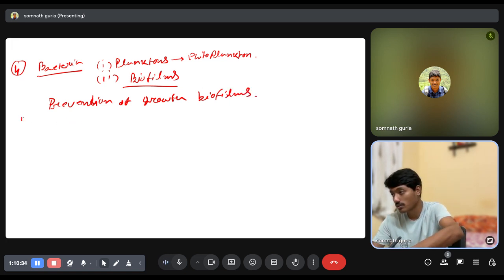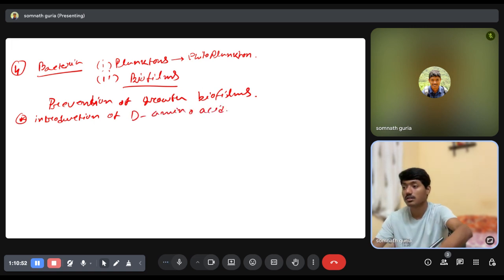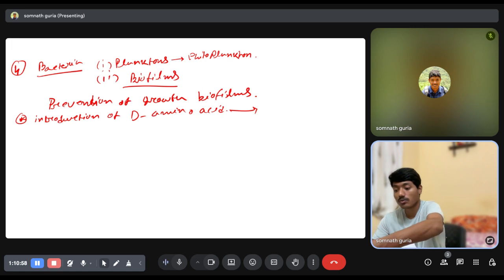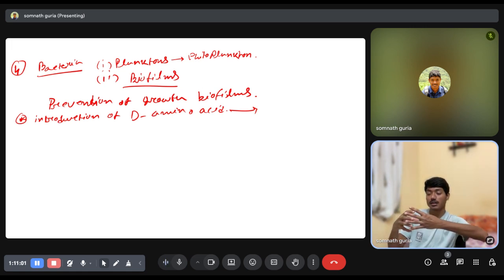So first of all, one is the introduction of the d-amino acid. If you introduce some d-amino acid over here, the cells cannot recognize that d-amino acid to grow the extracellular protecting layer, because they require protein and polysaccharide and extracellular DNA or RNA.